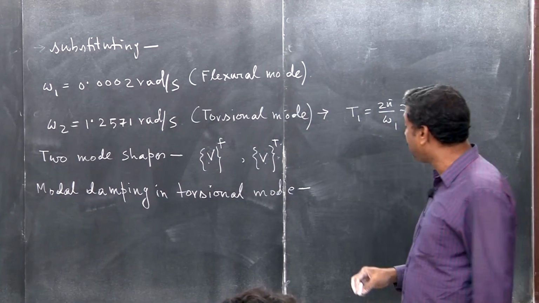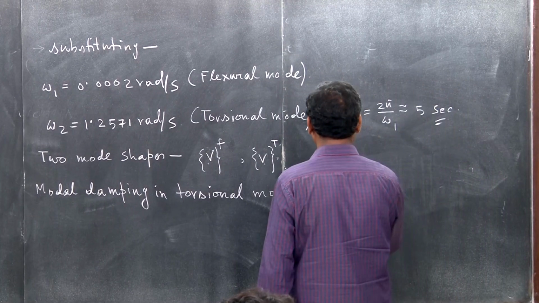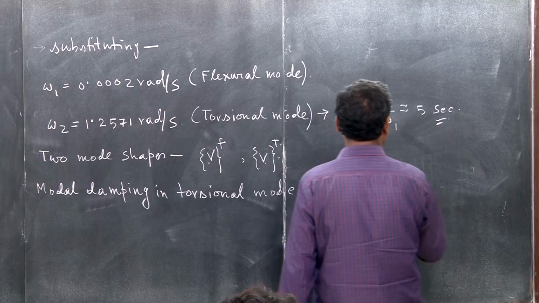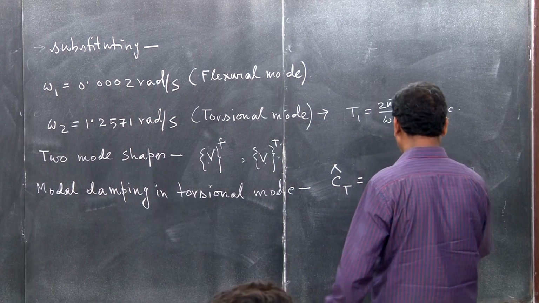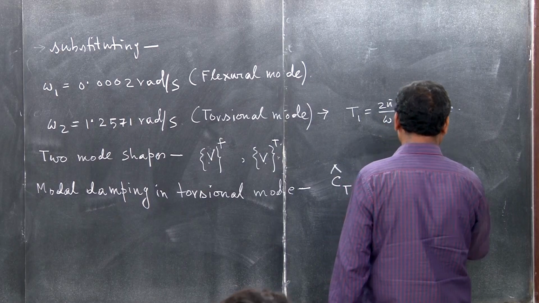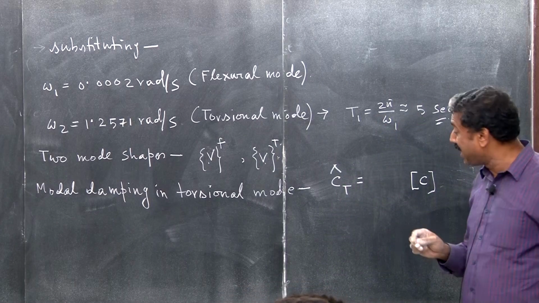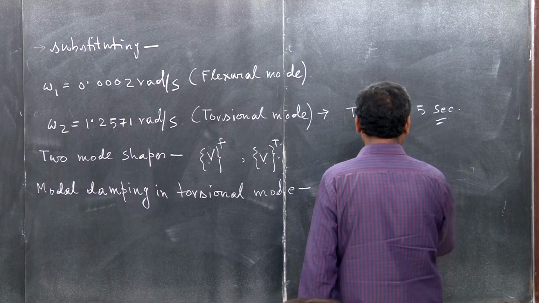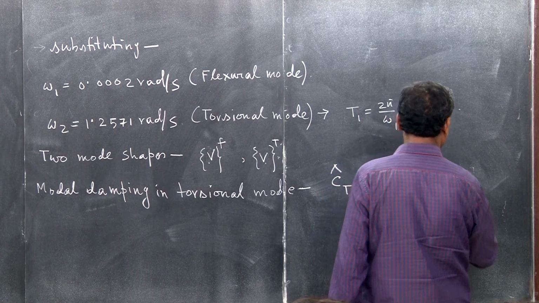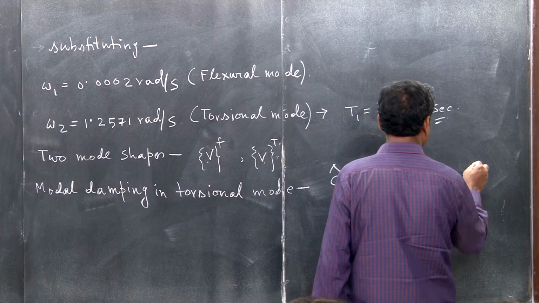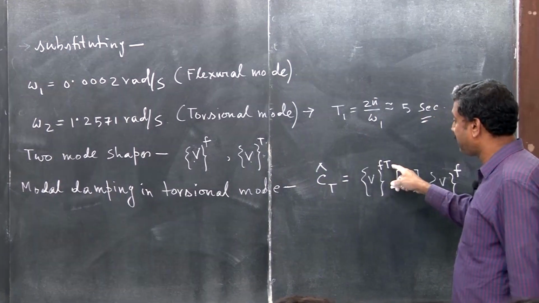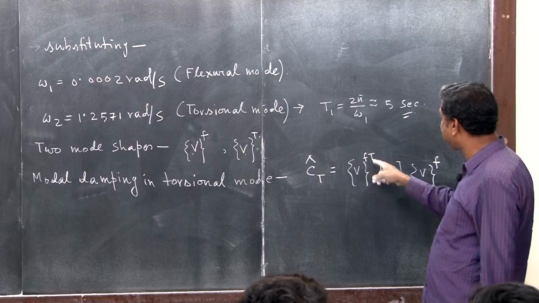Modal damping in the torsional mode, maybe I am writing it as capital C cap T. You have the damping matrix C, right? If you want to calculate it, it is V_T transpose C V_T.